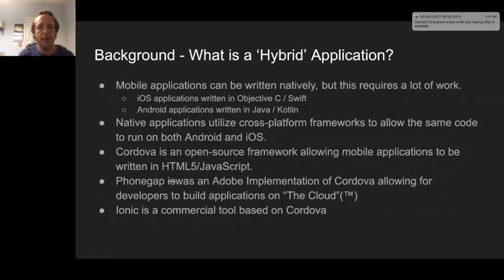PhoneGap has been discontinued, so that will change things a little bit, but the open source implementation is still there and it's still really actively used. And another one, Ionic, is a commercial platform environment that's also based on Cordova. So throughout this presentation, I might say PhoneGap or Cordova or Ionic. They're sort of interchangeable for the purposes of this presentation.